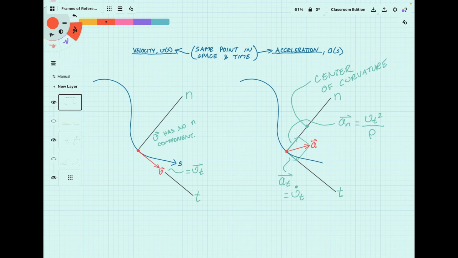So for velocity, we know that we purposely put the tangential axis parallel to the velocity vector. And if two vectors are parallel and you project one onto the other, its full magnitude projects onto it. So the tangential velocity is the full magnitude of velocity.